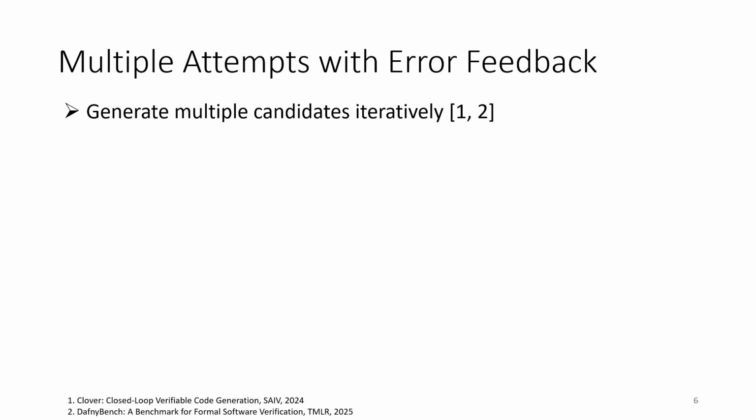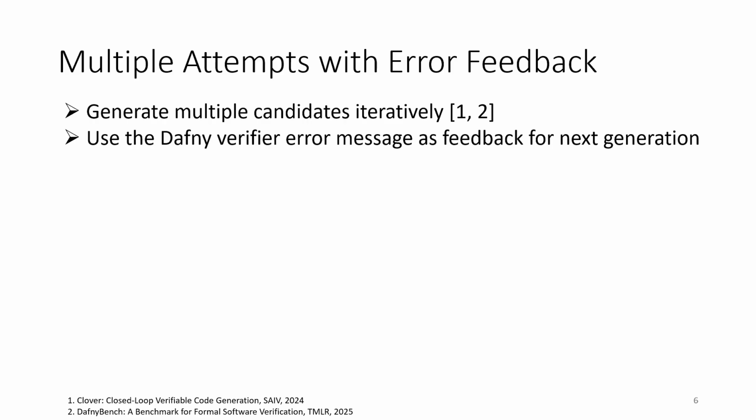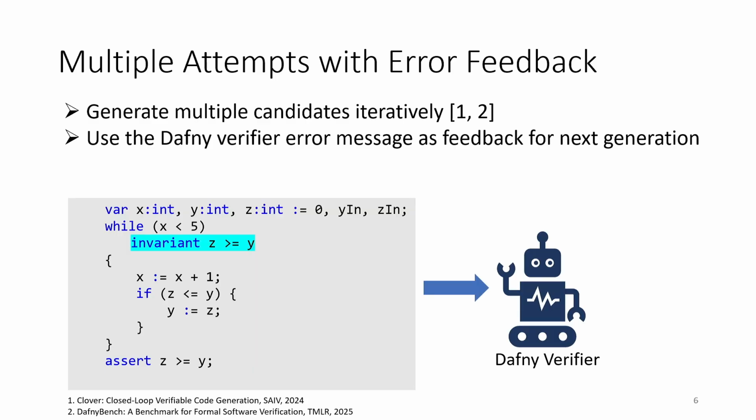The primary strategy utilized in prior works is to generate multiple attempts through the LLM with annotated code iteratively, and try to verify the annotated code with the Dafny verifier. If the annotated code succeeds, we stop there. Otherwise, you use the Dafny error message as feedback to guide the LLM to generate the next annotated code. So how does this work?